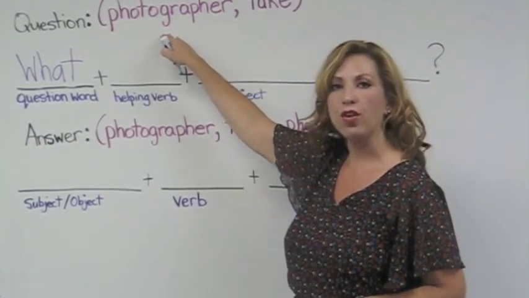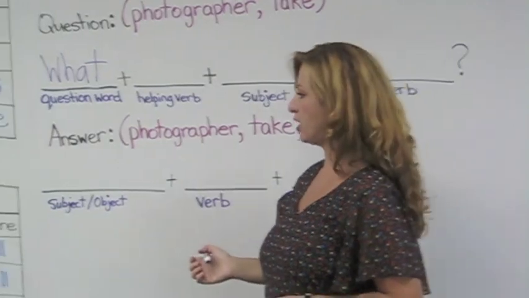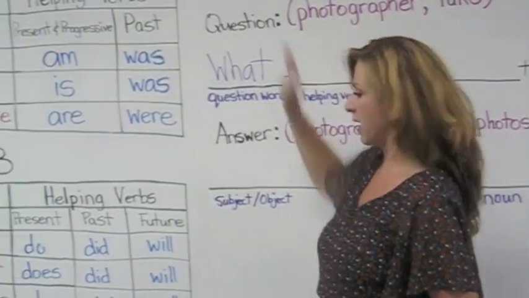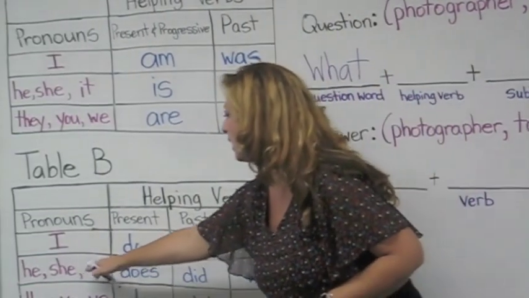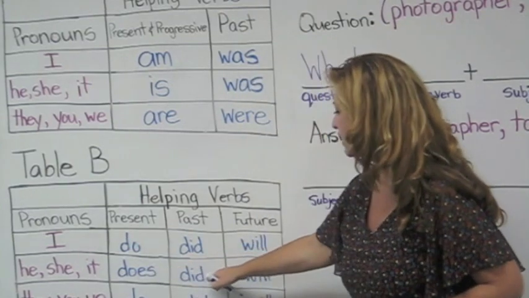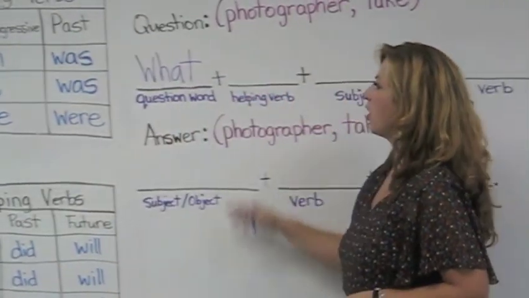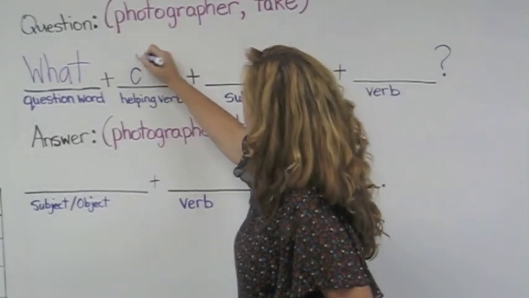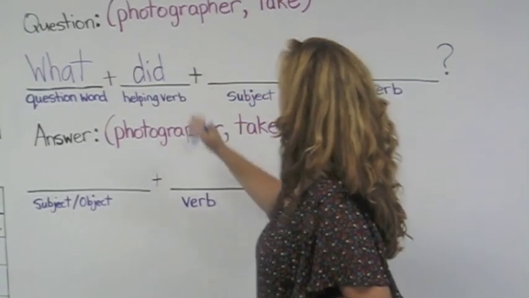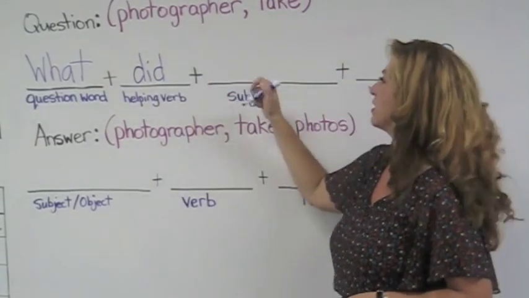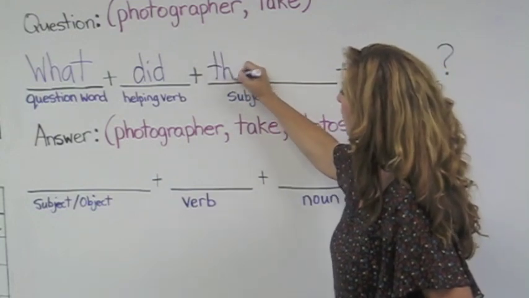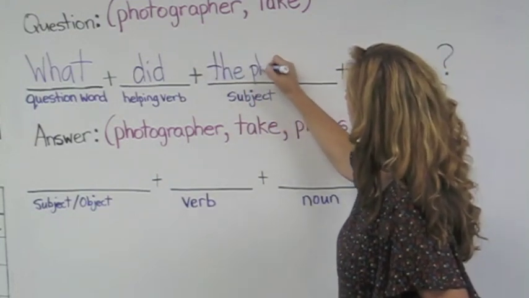A photographer is either a he or a she, and we need the past tense. So he and she in the past tense is did. So we're going to use a helping word, did. What did, our subject is the photographer.